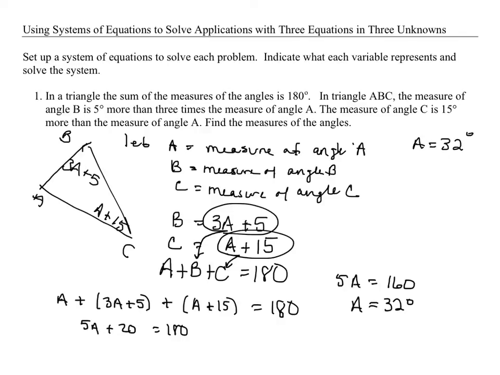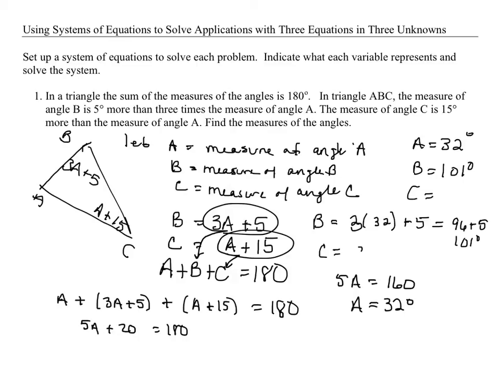B, which is 3A plus 5, B is going to equal 3 times 32 plus 5, which turns out to be 96 plus 5, 101. So B equals 101 degrees. And C is just equal to the degrees in A, which is 32 plus 15, which is equal to 47 degrees.